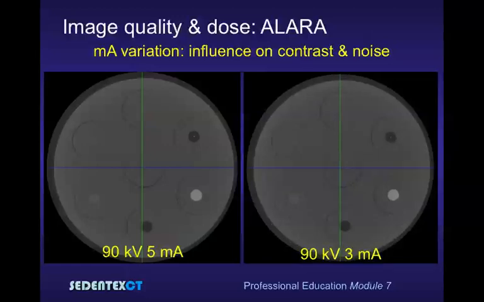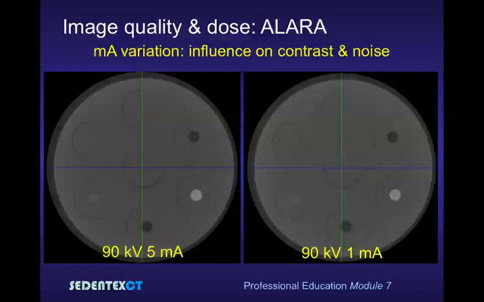At 3 MA, again, not a great deal of difference is observed in the image quality. By the time we get to 2 MA, I think we can perceive some granularity, some increased noise in the image, and perhaps some loss of clarity of the objects of different density placed within the phantom.